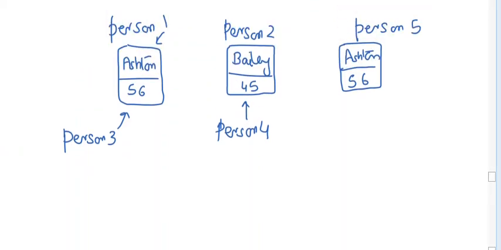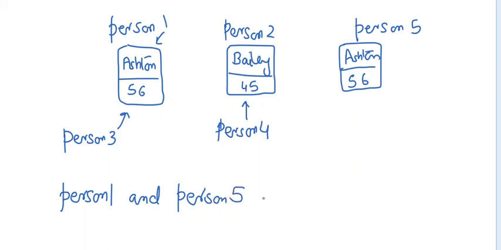So we can say that person 1 and person 5 are deep copies of each other. They are deep copies of each other because they are different objects. They live in different memory locations, but their values are similar.